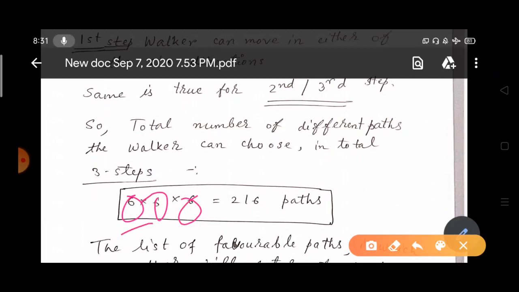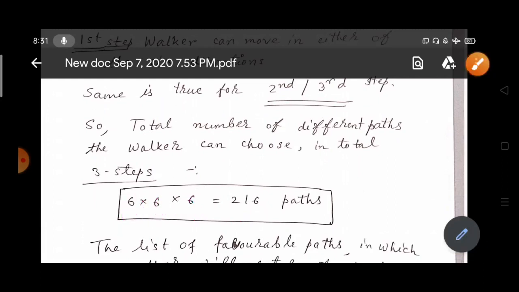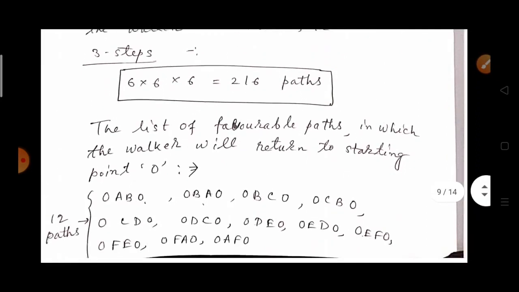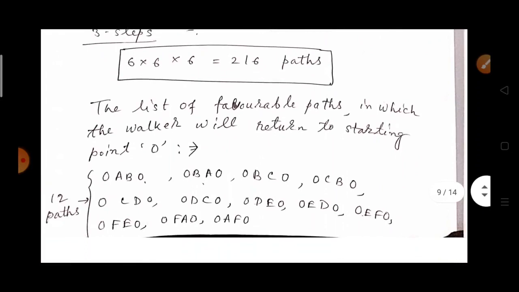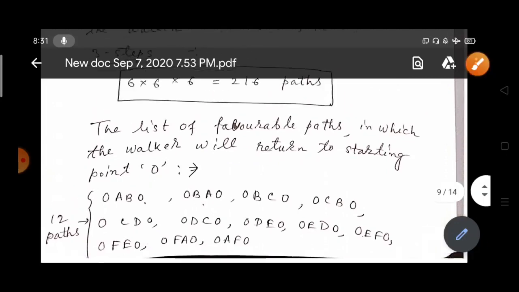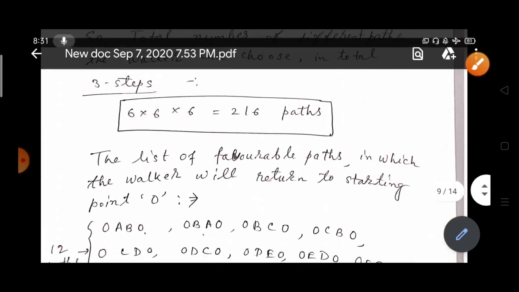So 6 into 6 into 6, that is 216 paths are available. There is no restriction on coming back to the initial position. Now we have to find out the favorable paths in which the worker returns to the starting point, and it can have only certain paths, because it cannot be all 216 paths.